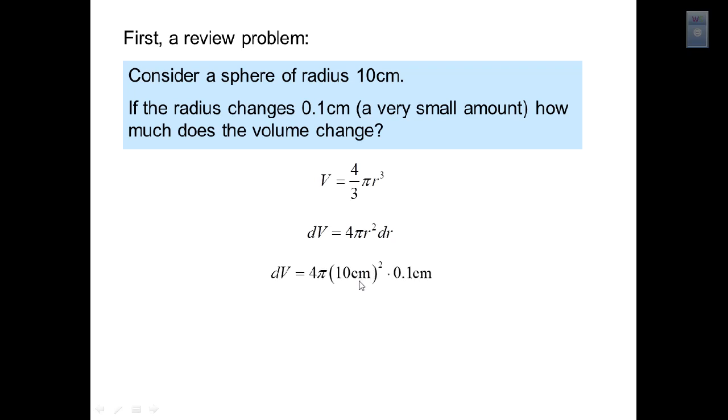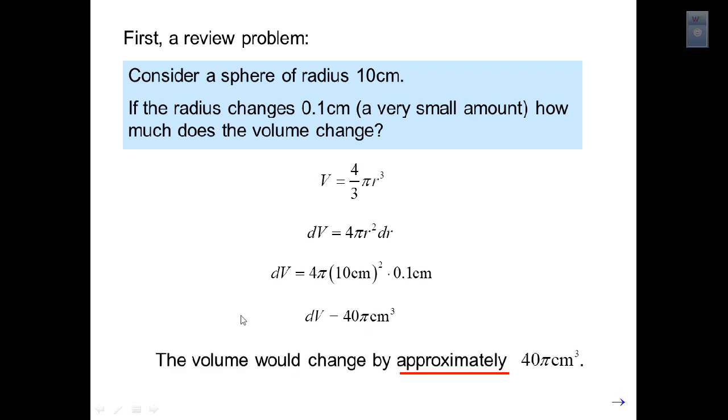So then, of course, when we plug everything in, we found that our change in volume was 40 pi cubic centimeters. Well, that is approximate. We learned that the volume would change by approximately 40 pi cubic centimeters. The reason why is this.